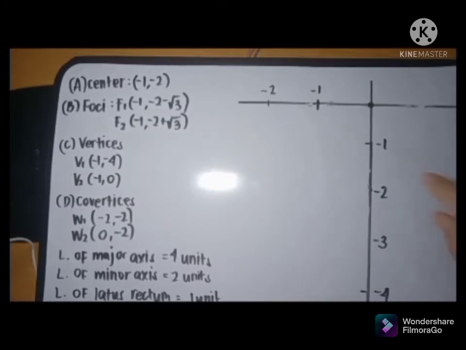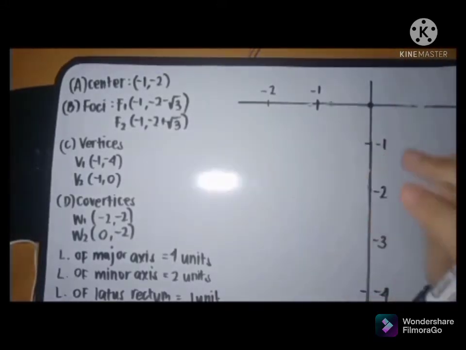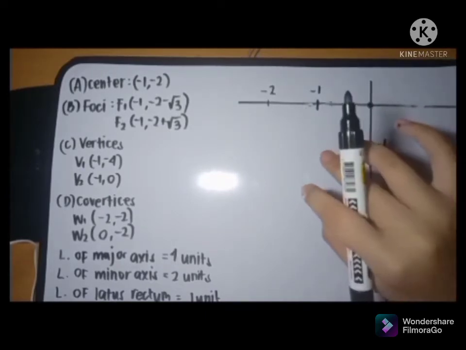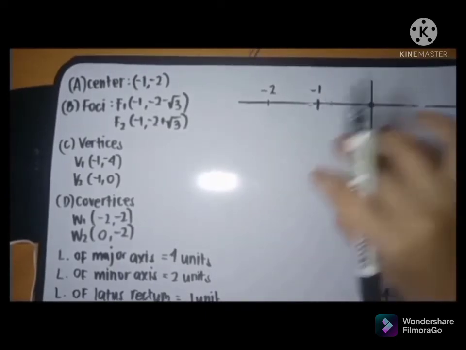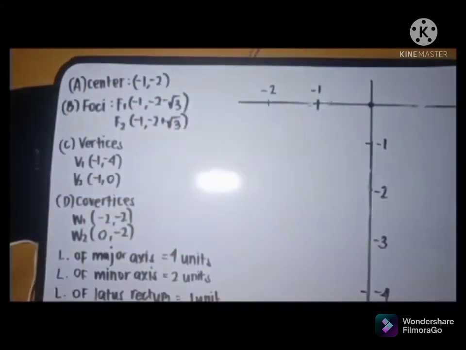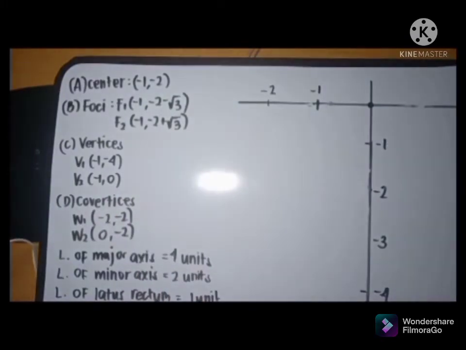As you can see, I already drew a graph here, which focuses only on quadrant 3, not on the other quadrants. So in here, these are the coordinates we are going to need to graph the ellipse properly and correctly.